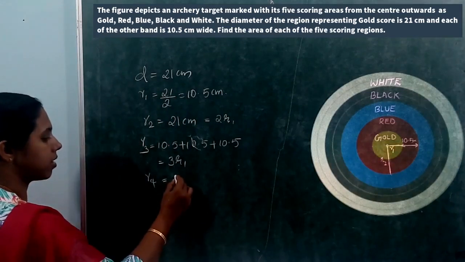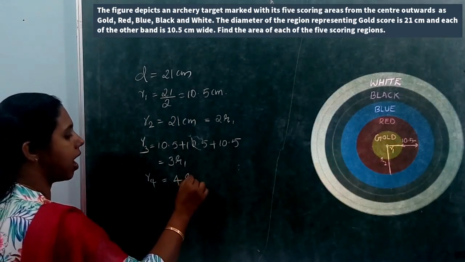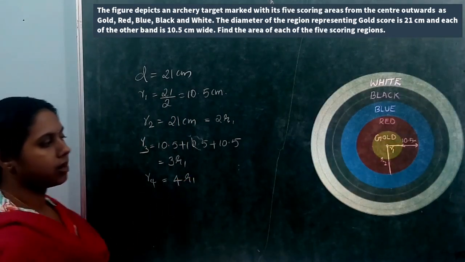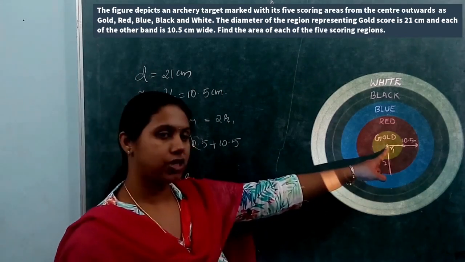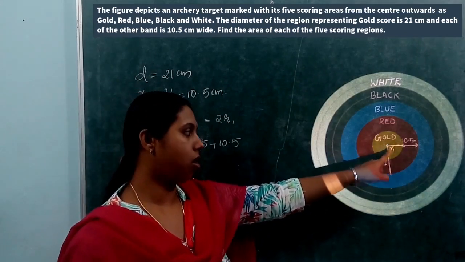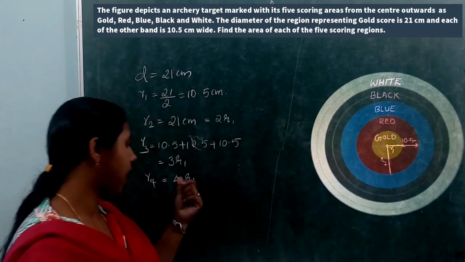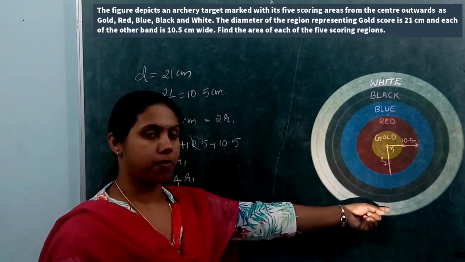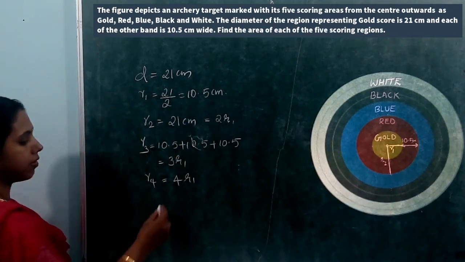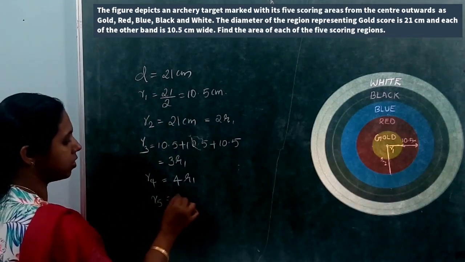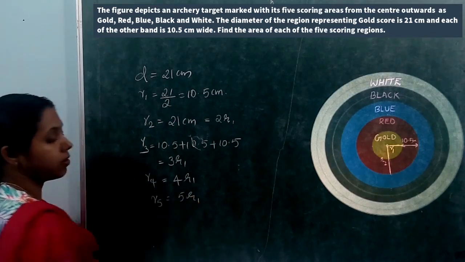So R4 is equal to 4R1. The last one, the region of the gold, red, blue, black and white. So 4R1 plus one more 10.5, that is one more R1, that is equal to R5 is equal to 5R1.